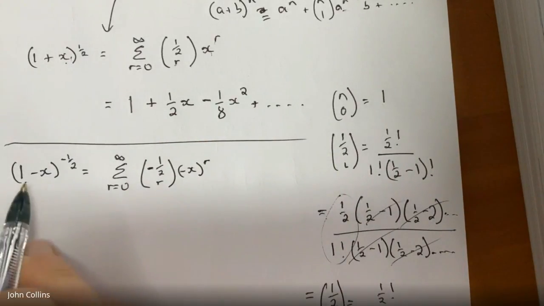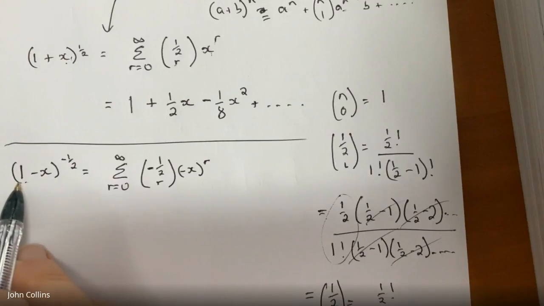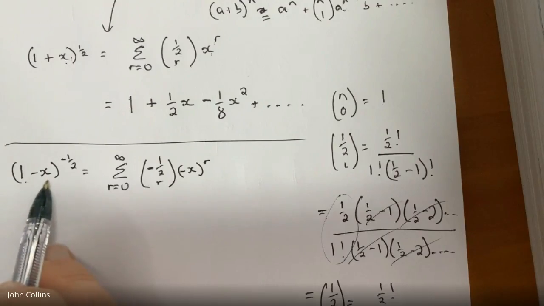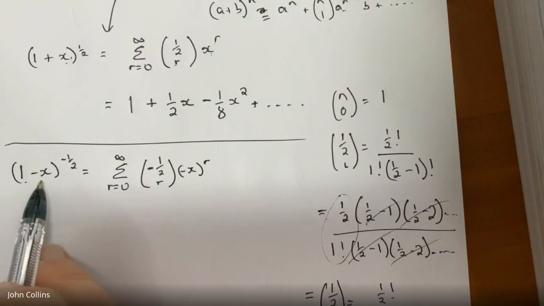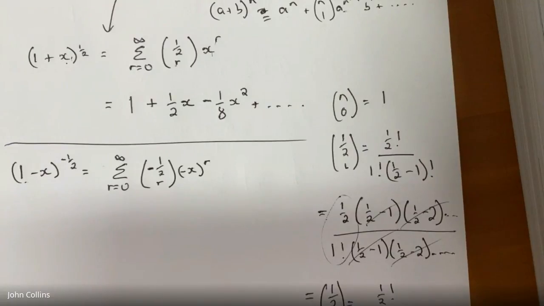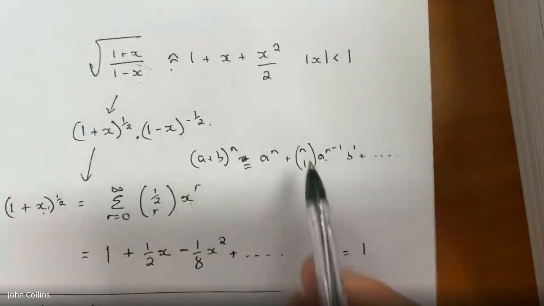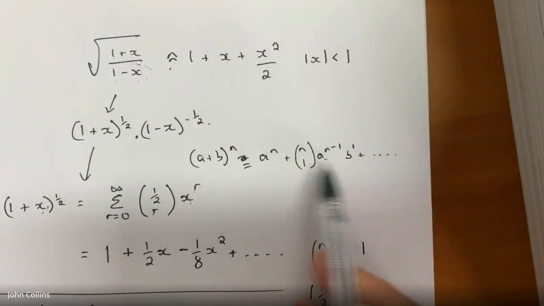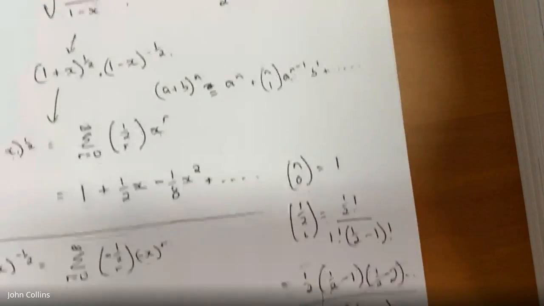If you don't have 1 here, make 1. What do I mean by that? If you have a 2 here, for instance, you divide out by that and use x over 2, and then you just multiply it later. You can pop a 2 in front of the sum because everything's going to be multiplied by 2 anyway, rather than using this, because then it's going to be very awkward to do all those terms out.